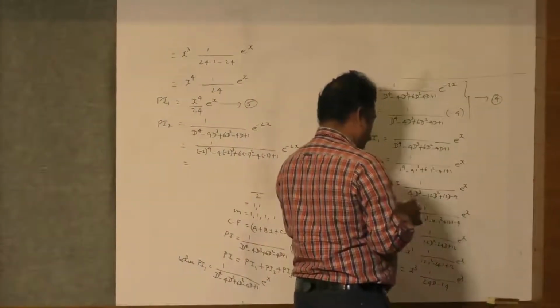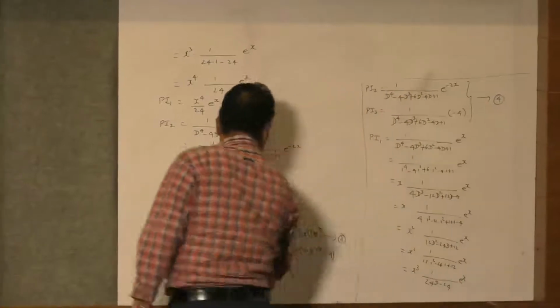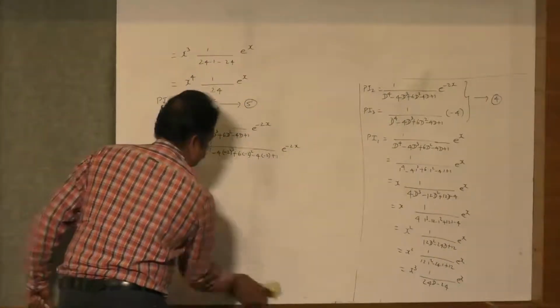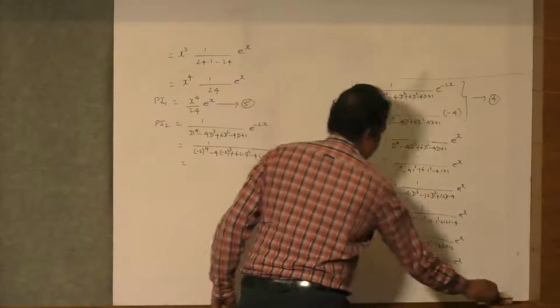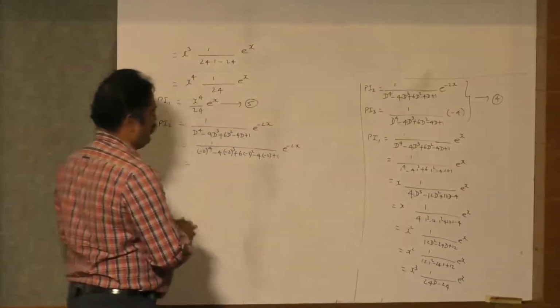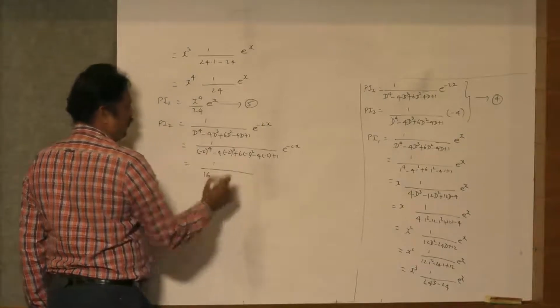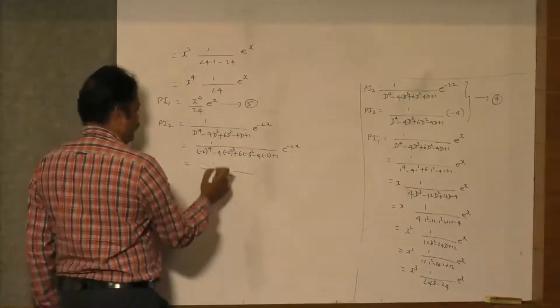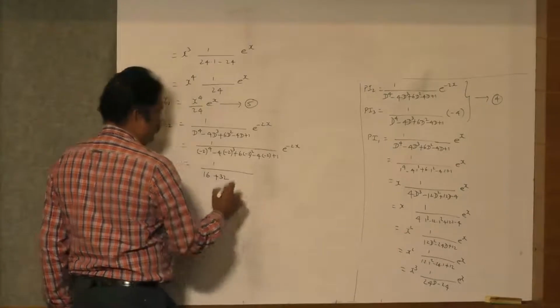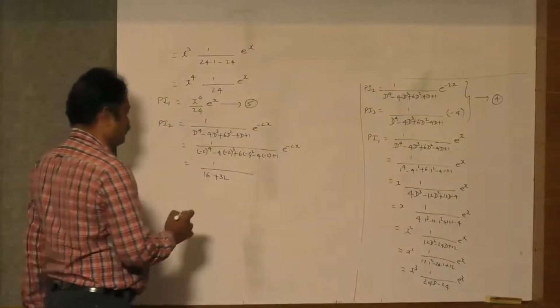What is minus 2 to the whole power 4? Minus 2 to the whole power 4 is 16. Minus 2 to the whole cube is minus 8. Minus 8 into minus 4 is plus 32. Minus 2 to the whole square is 4. 4 sixes are 24.